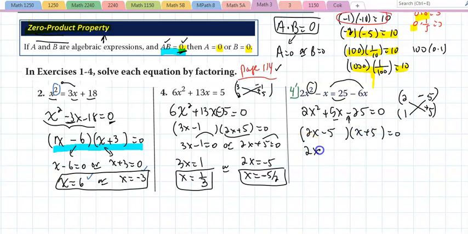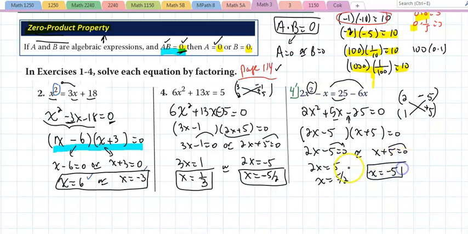So either 2x minus 5 will equal a 0, or x plus 5 will equal a 0. Add 5 to both sides. Divide by 2 both sides. Subtract 5 from both sides.